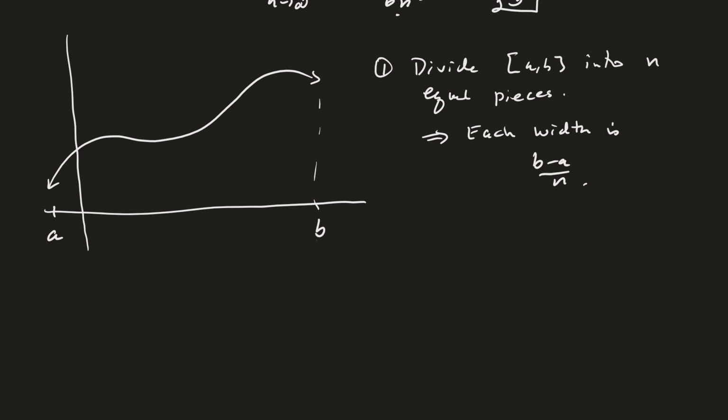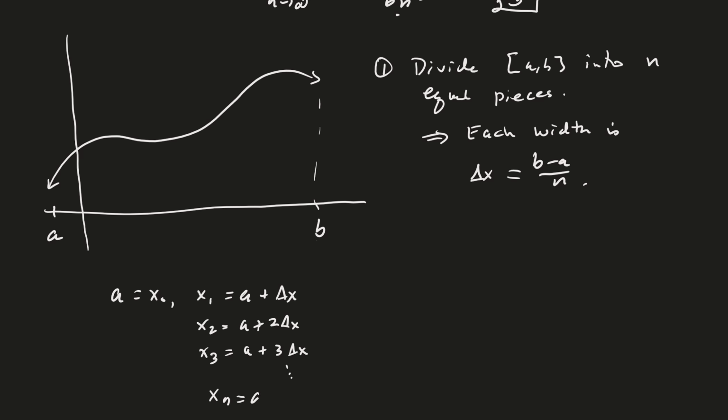And so we'll go ahead and let a be equal to x0, and then x1 is going to be the next one up, so that's going to be a plus b minus a over n, which we'll call delta x, and then x2 is going to be a plus 2 times delta x, and then x3 is going to be a plus 3 shifts over, and so on until we get to xn, which will be a plus n times delta x.